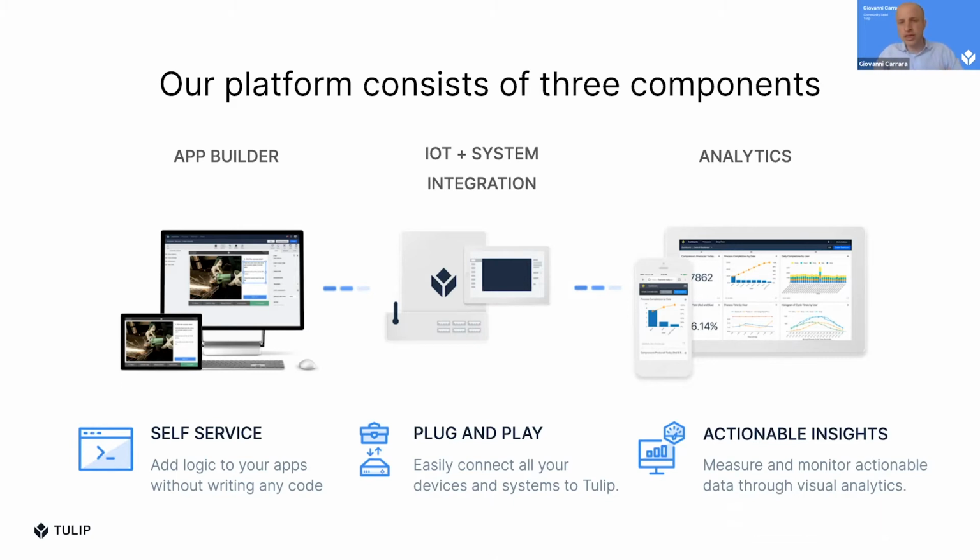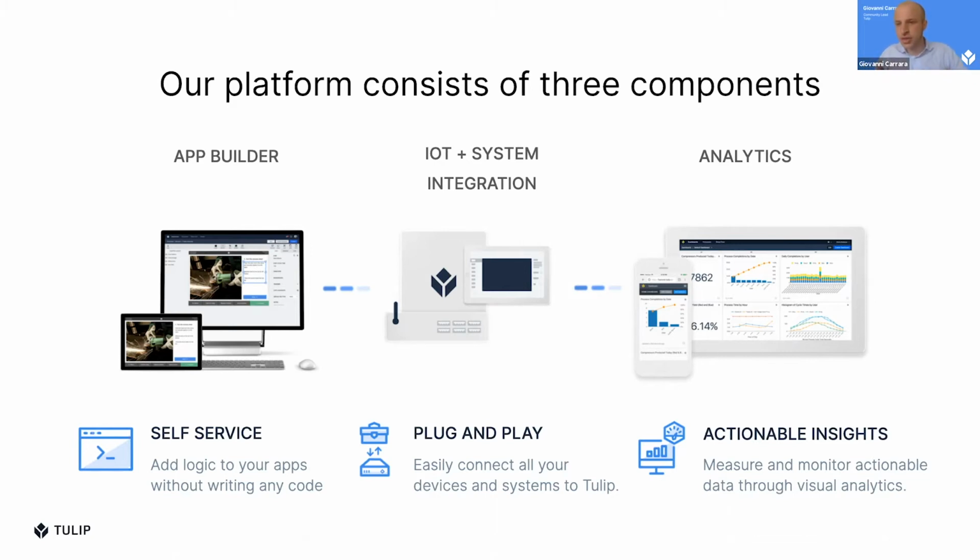And also using other software connectors, you can connect to existing systems of record. So if you have an ERP that you're using and you need to get data out of it, you can very easily do that using the connectors portion of the platform in Tulip. And again, all this is still within the no-code platform. It's all very easy, drag and drop, and it all works together seamlessly.